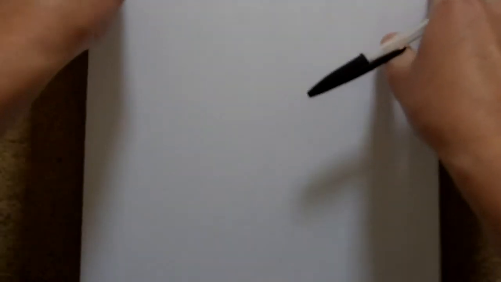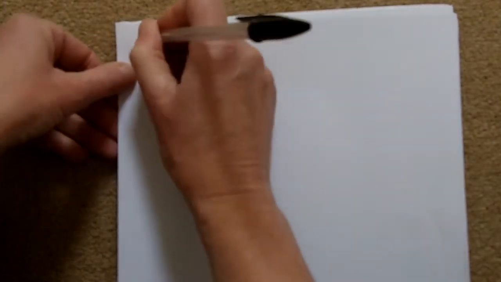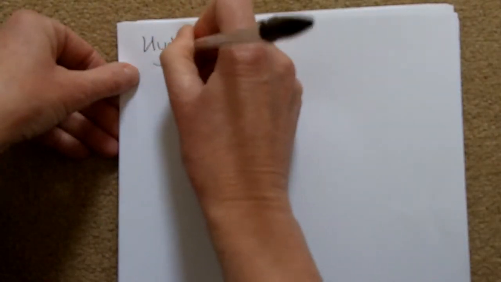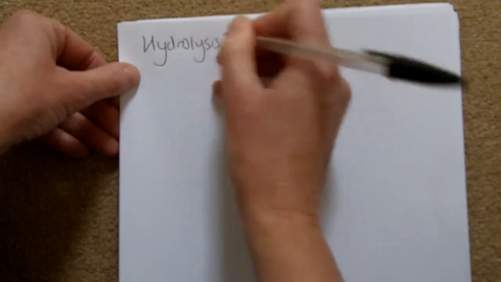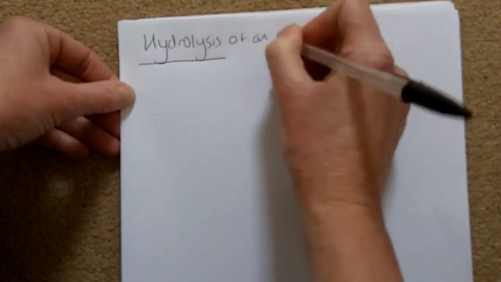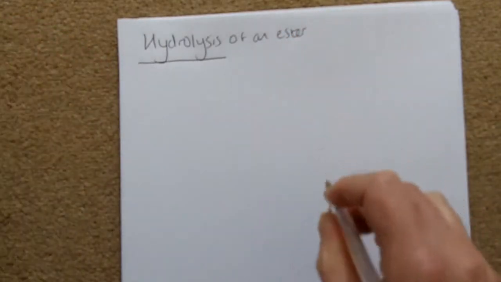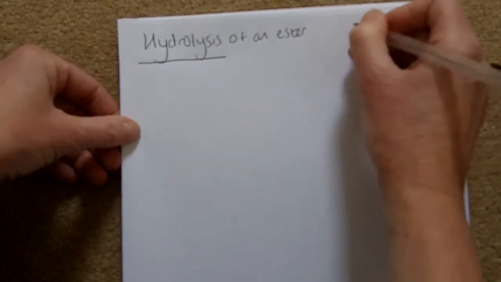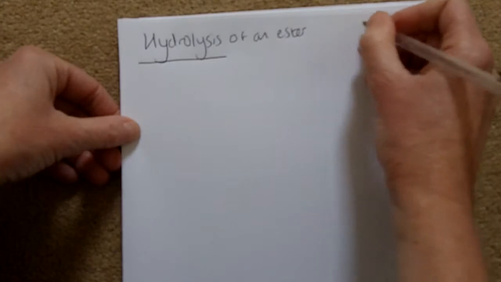So once you make an ester, you need to be able to break an ester up as well. The only thing you need to know about esters is how to make them and how to break them up. Breaking up an ester is called hydrolysis. Hydrolysis of an ester. Hydrolysis means breaking a bond with water or aqueous solution.